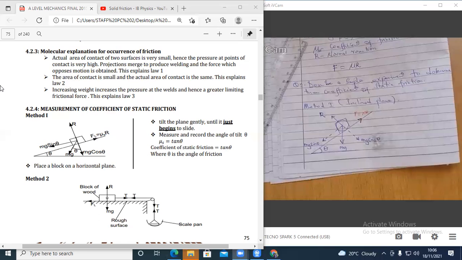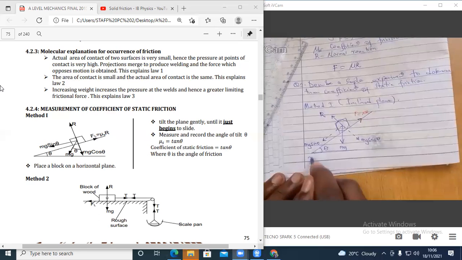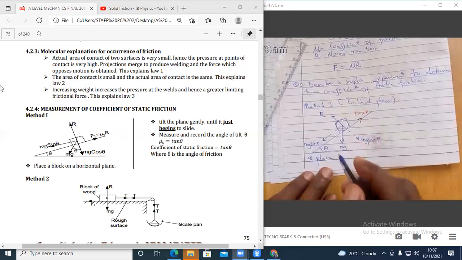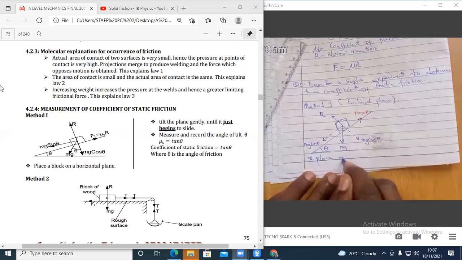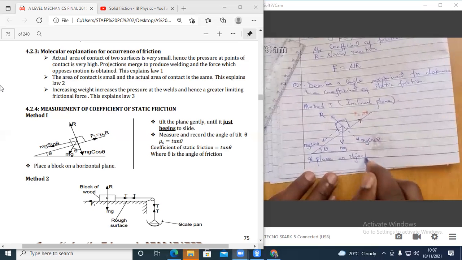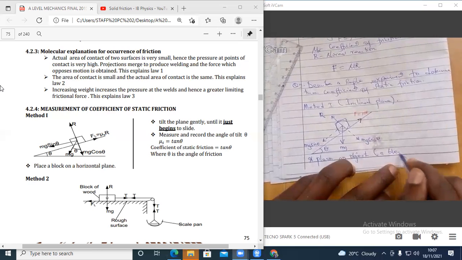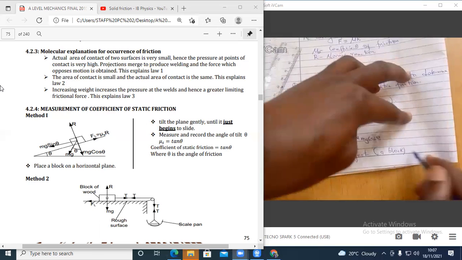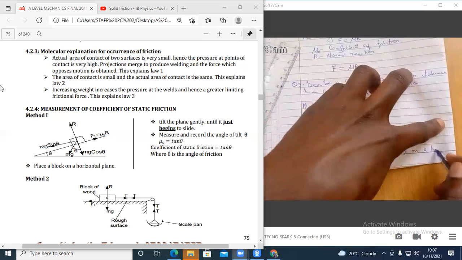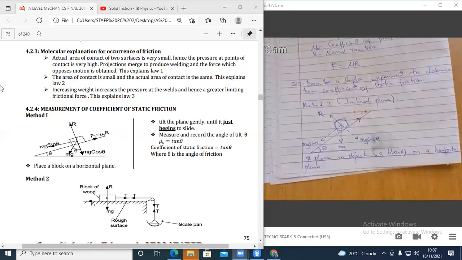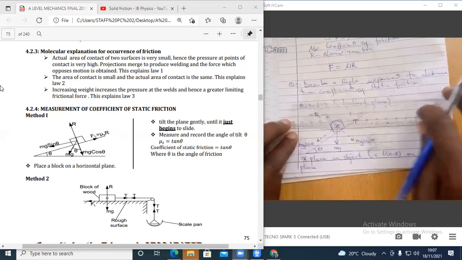So how do we do the experiment? How do we go about this? The first thing is to place an object, in bracket, a block, on a horizontal plane. So you first get a body like this one here.